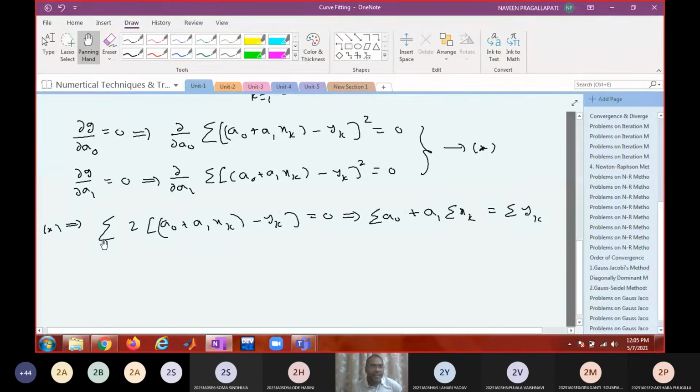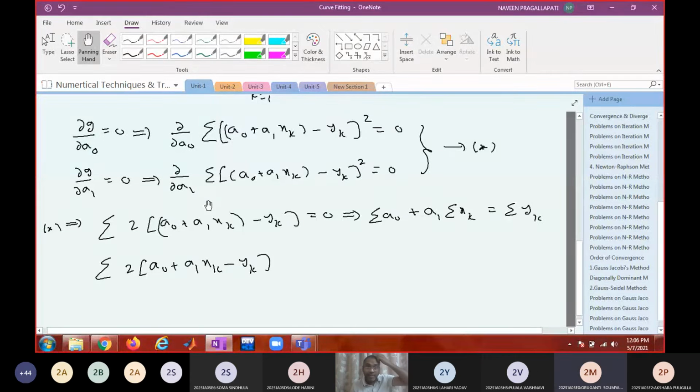Okay, similarly when I am differentiating this with respect to a1, can you tell me what is that? Summation 2 times (a naught plus a1 xk minus yk) multiplied with what is this derivative with respect to a1? xk. Do you agree? So into xk equal to 0.